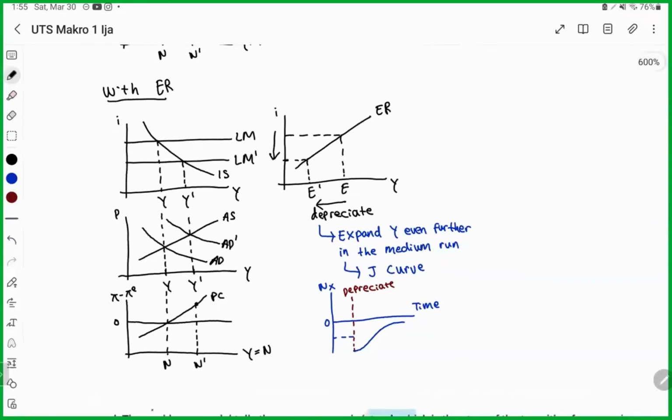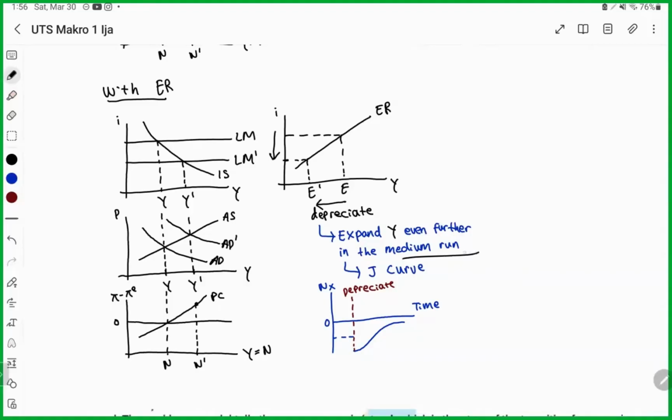Okay, so from the exchange rate curve, we can say that expansionary policy will depreciate the exchange rate, and then will expand Y even further. Will expand the GDP even further in the medium run.